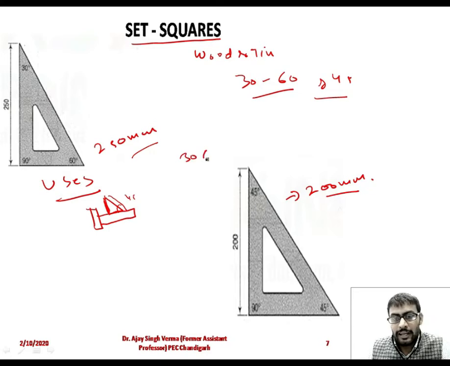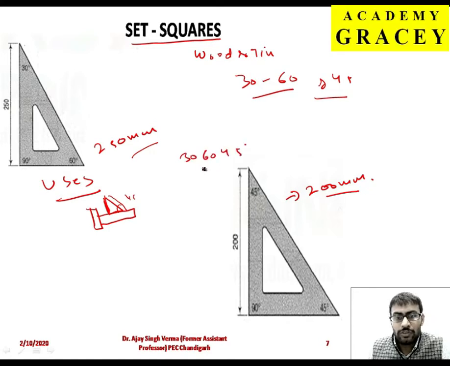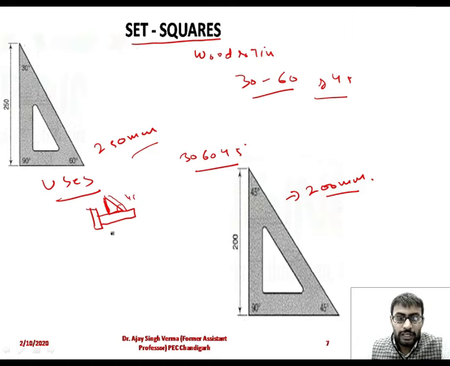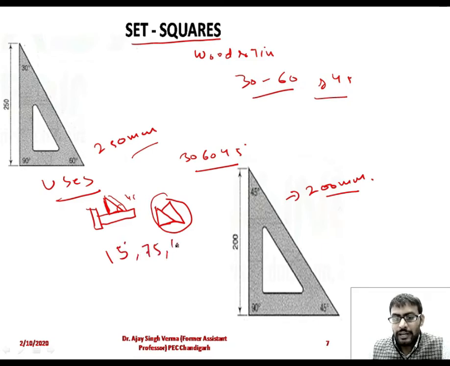So 3 angles can easily be drawn with the help of these set squares. Moreover, if I use these two set squares simultaneously, together with the T square, we can draw angles of 15 degrees, 75 degrees and 105 degrees. These 3 angles can easily be drawn with the combination of these two.